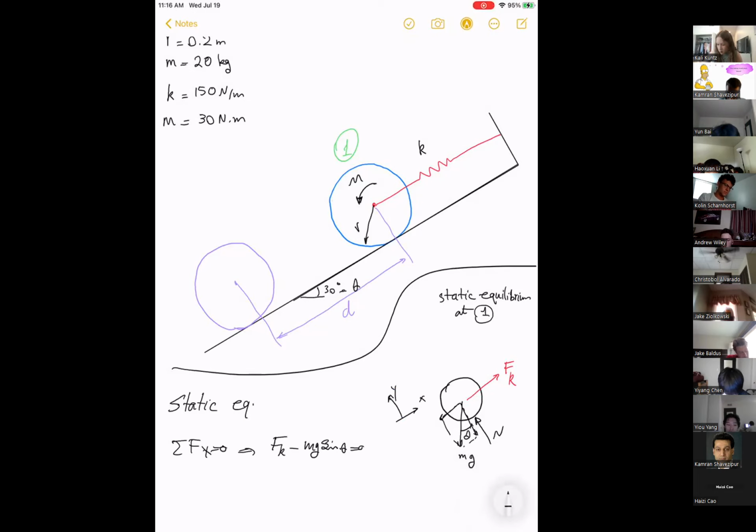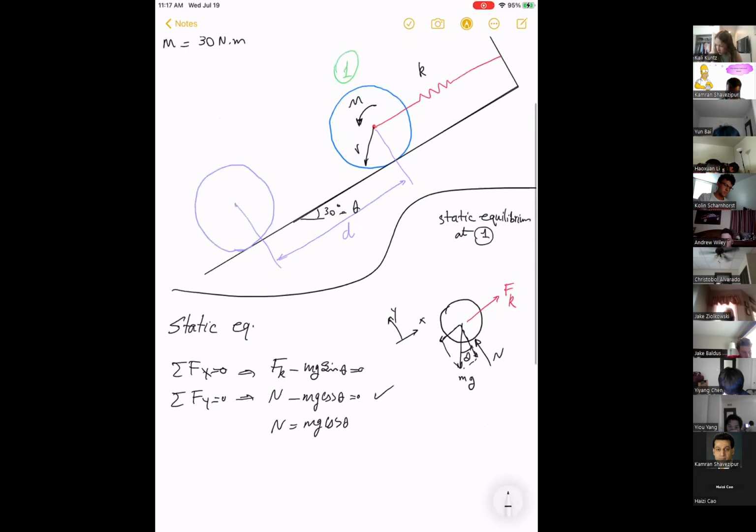And summation of forces in y equals 0 gives you N minus mg cosine theta equals 0. The second one, we don't care. This gives you N equals mg cosine theta. But the first one, Fk, which is k times x1, the initial deformation of the spring, is going to be equal to mg sine theta. And from here, you can find your x1 as mg sine theta divided by k.